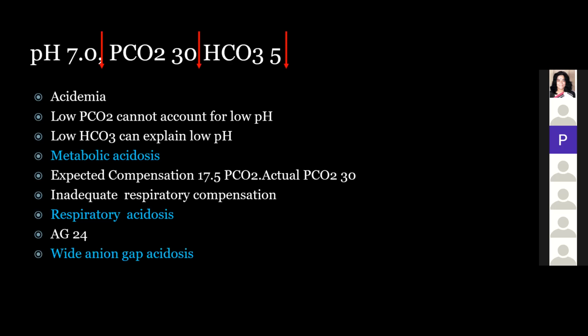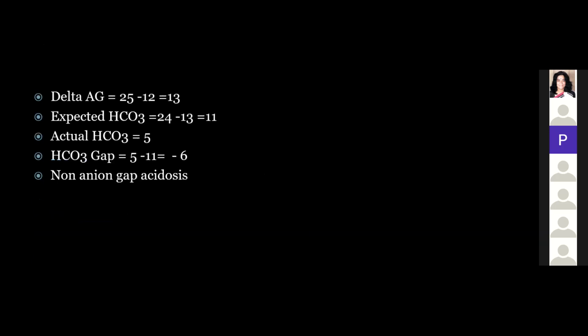We'll have to calculate delta anion gap. So what would be the delta anion gap in this? 12, ma'am. 12. And so with the expected bicarb, what would you say now? What is the bicarbonate gap coming to?